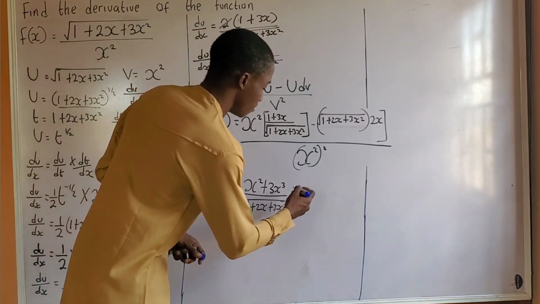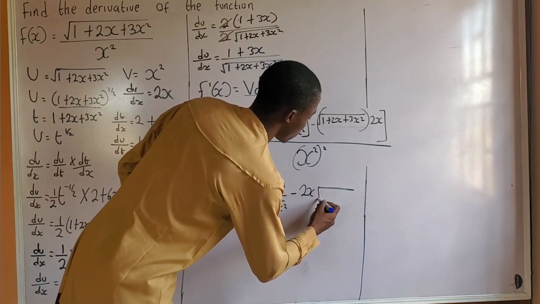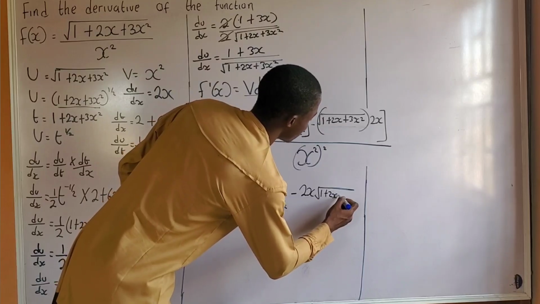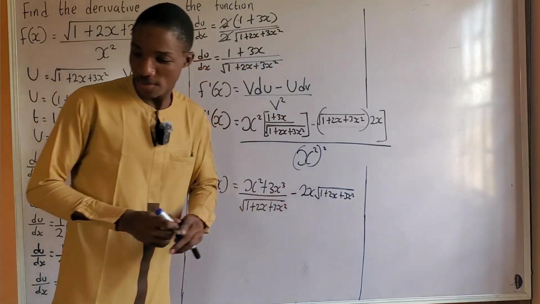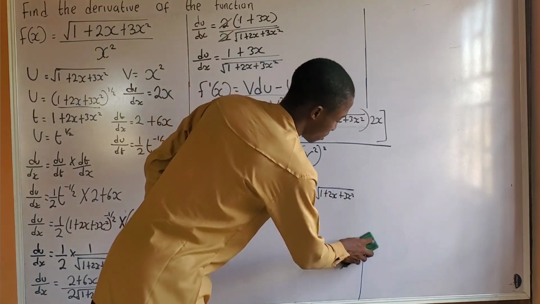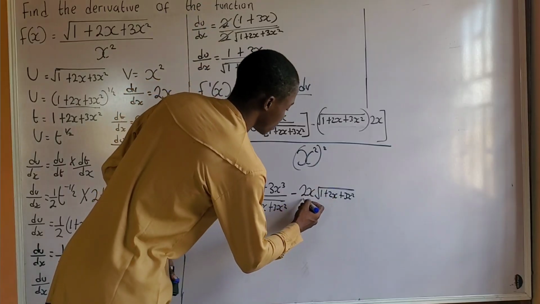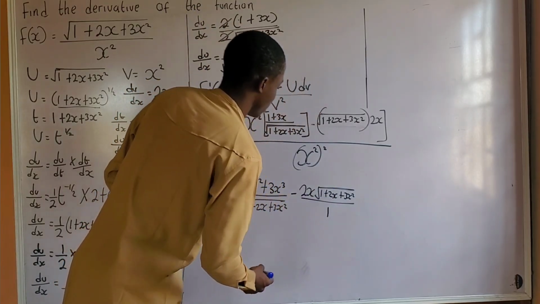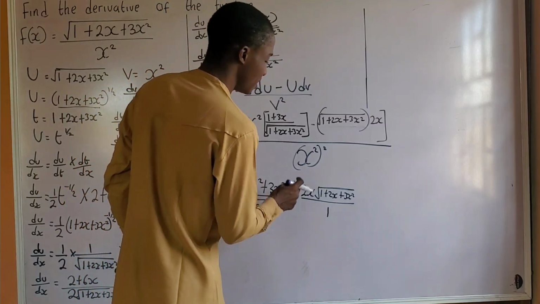Now, minus 2x multiplied by the square root of 1 plus 2x plus 3x squared. Now, for me, all this all over 1. Now, don't forget that the numerator which we have here is dividing this, right?